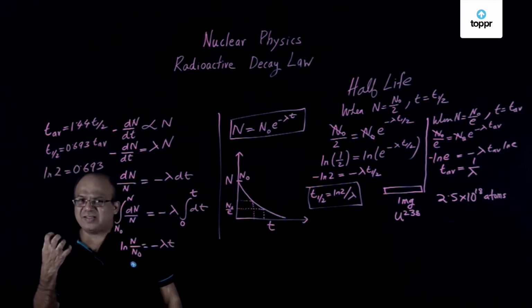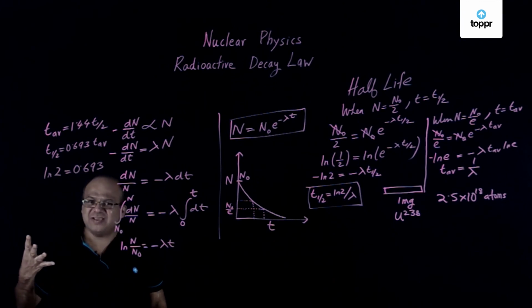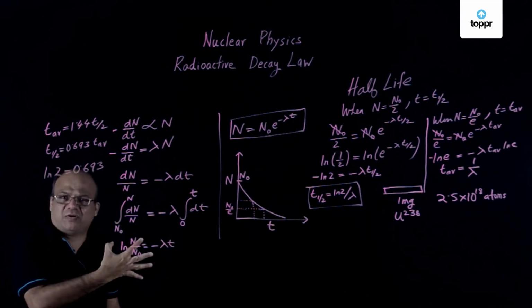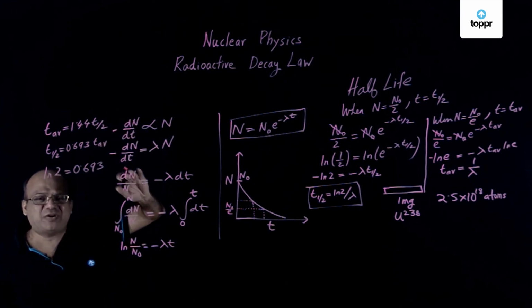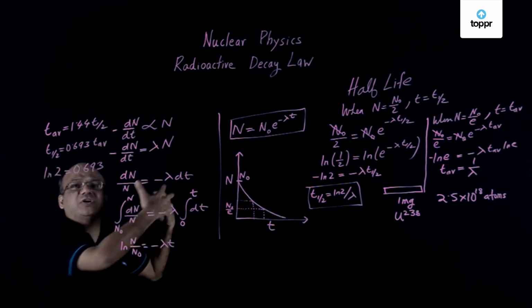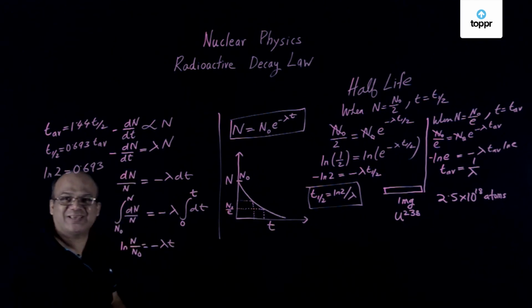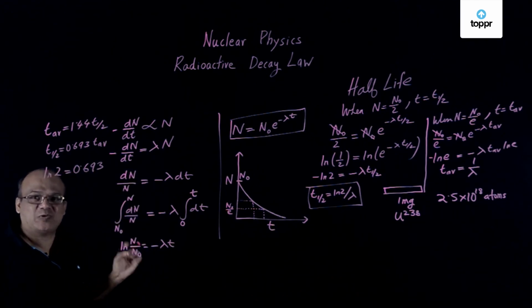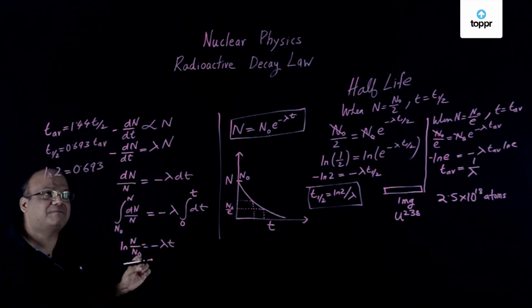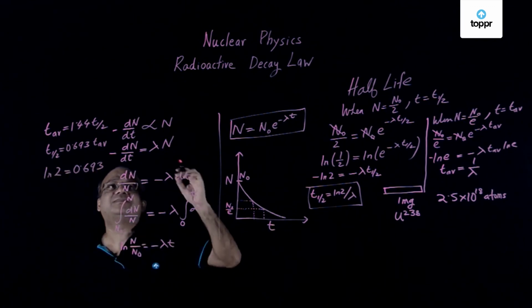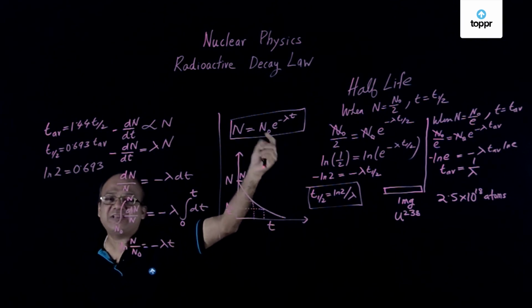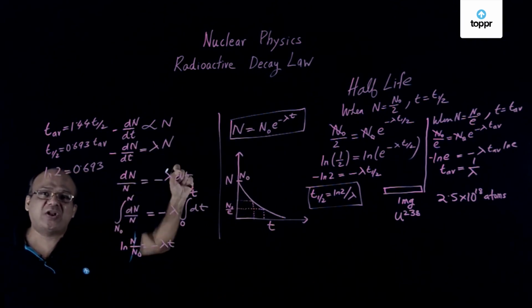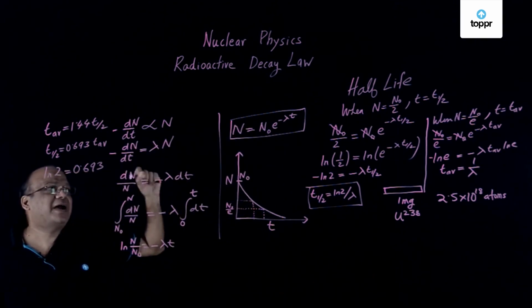So in this lesson, we have learned radioactive decay law. We started from the fact that the rate of decay is proportional to number of nuclei. So minus dN/dt equal to lambda N. And then we integrated that and got this very important equation, N equal to N naught e to the power minus lambda t.